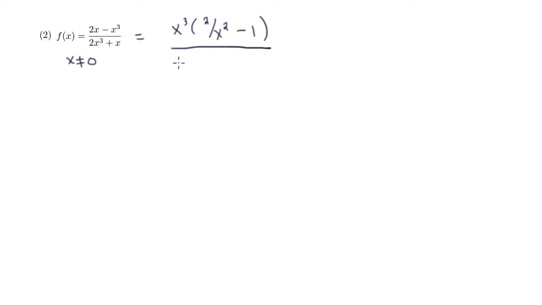And in the denominator, I'm going to have x cubed times (2 plus 1 over x squared). Which, again, assuming that x is not equal to 0, I can cancel the x cubes. And I'm just left with (2 over x squared minus 1) over (2 plus 1 over x squared).